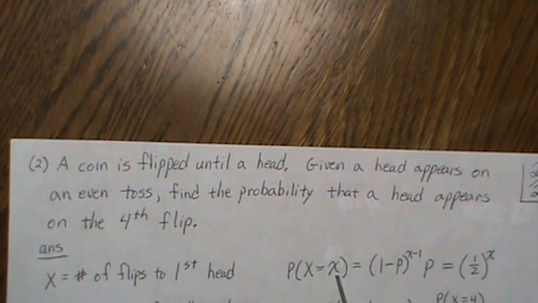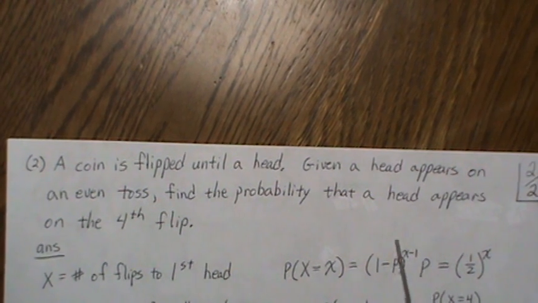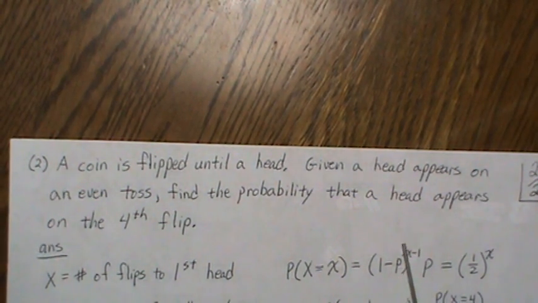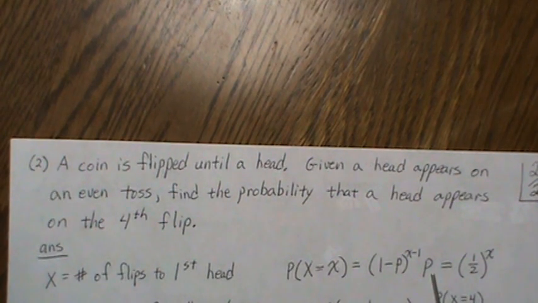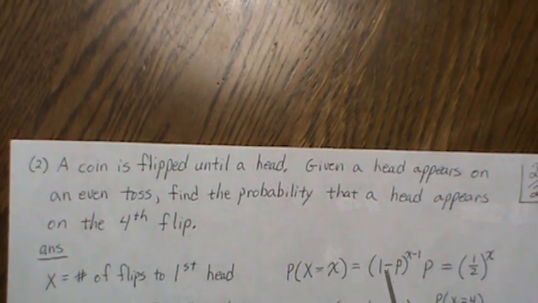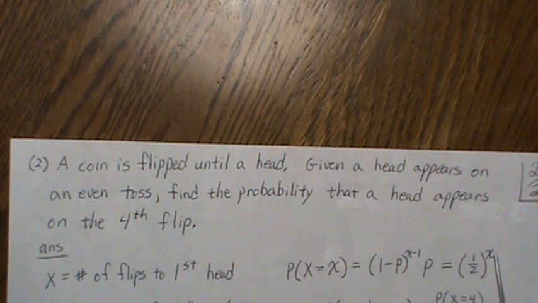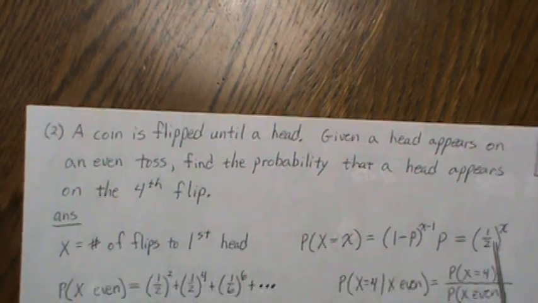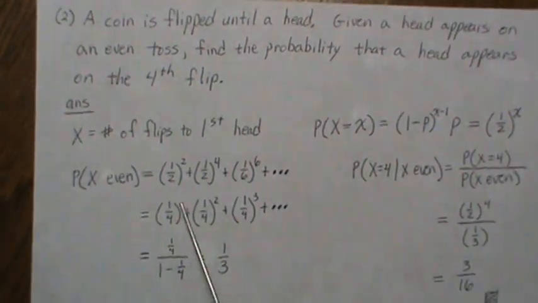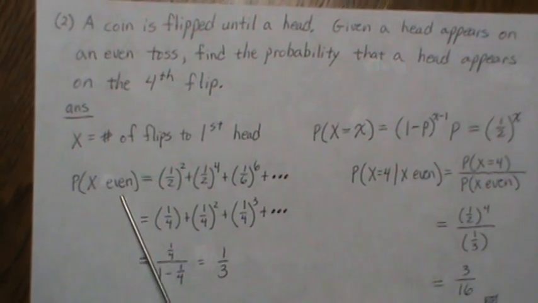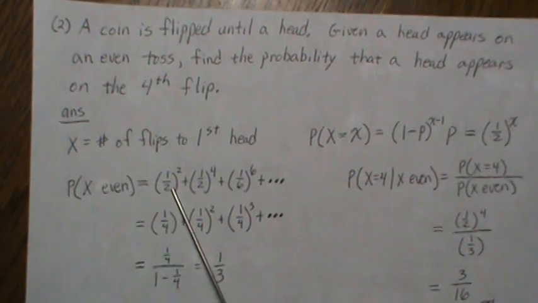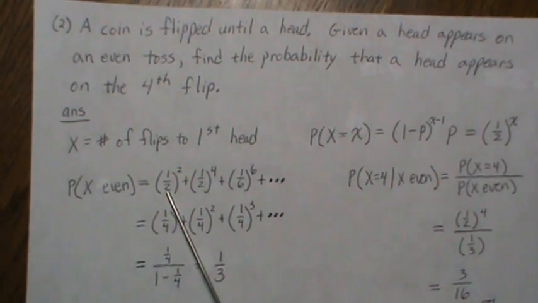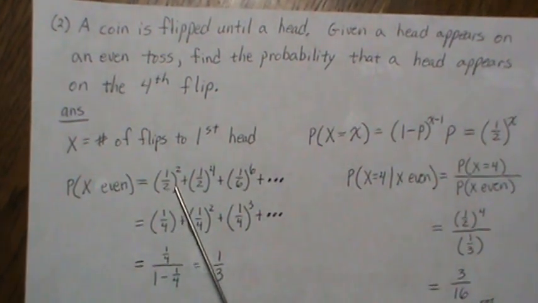So the probability X means it took X flips to get a head. So that means we had X minus 1 non-heads, and then we had 1 head. But since flipping a coin is 1/2, that's all 1/2, so it's just 1/2 to the X. Now the probability that X is even, well, that means on the second try, he flipped a tail and then flipped a head and won.